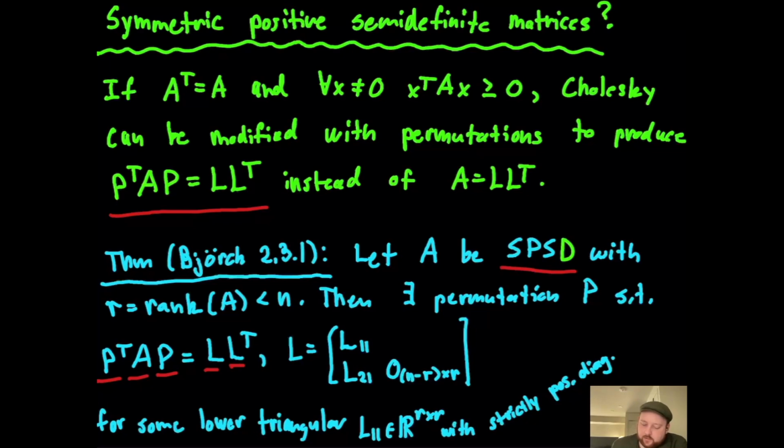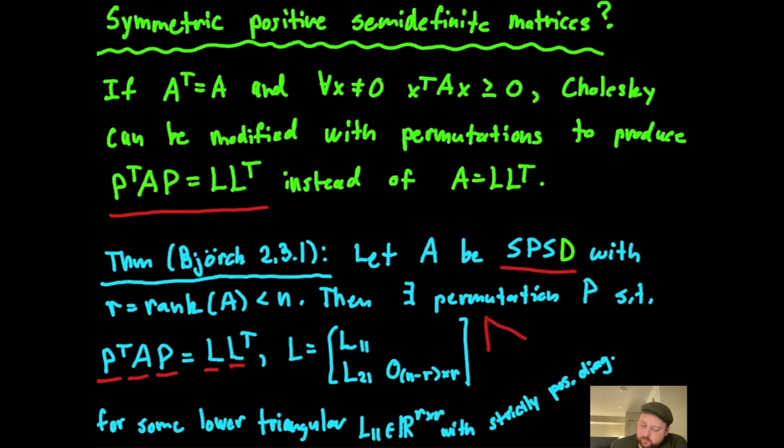But the difference is that this L, you can always write it in this block form, where I have an upper left block that's of size R by R. I have some rectangular block below that's going to be of size n minus R by R. And then finally, it's followed by some block of zeros of shape n minus R by R. So what this tells you is that, yes, the Cholesky factorization will still exist.